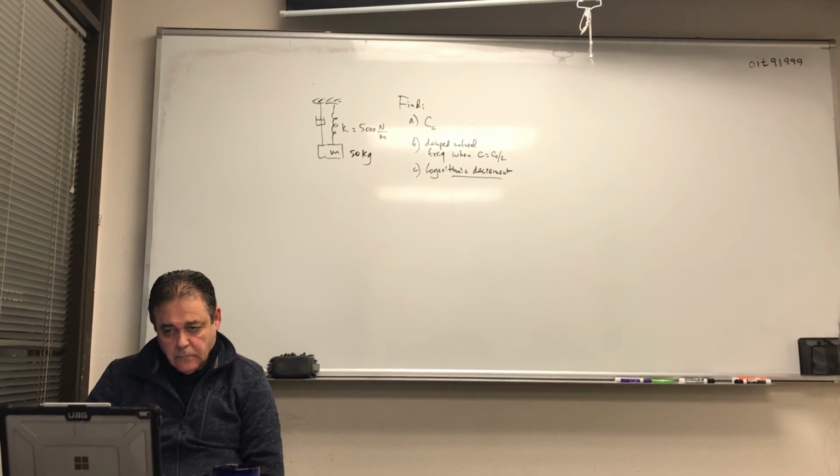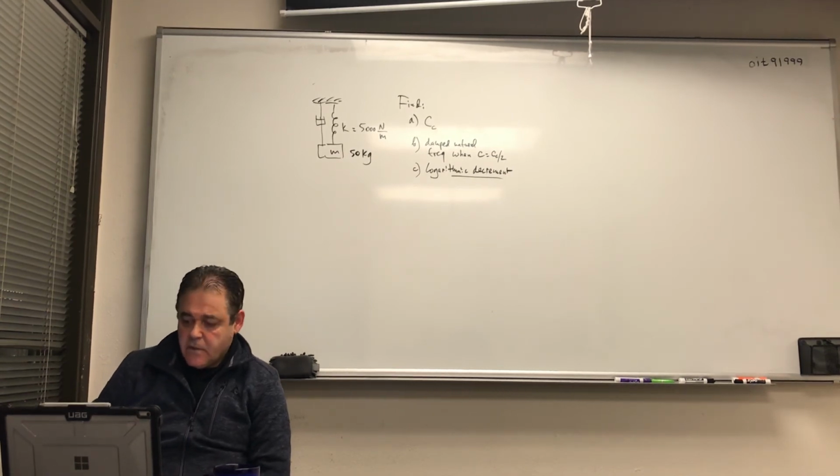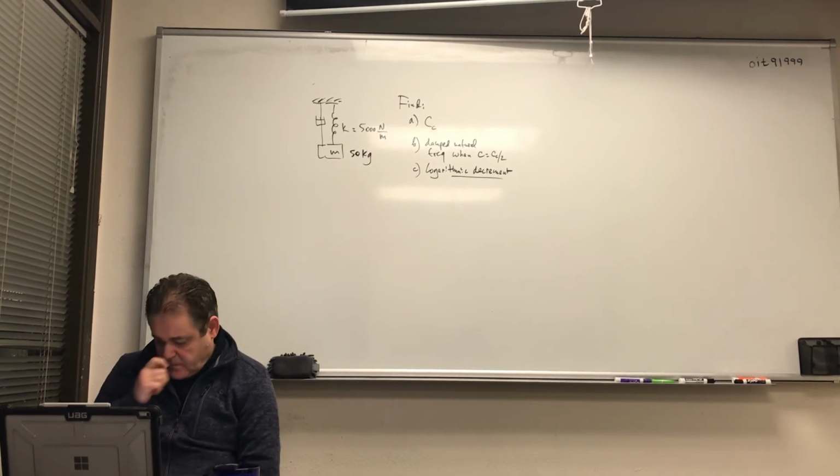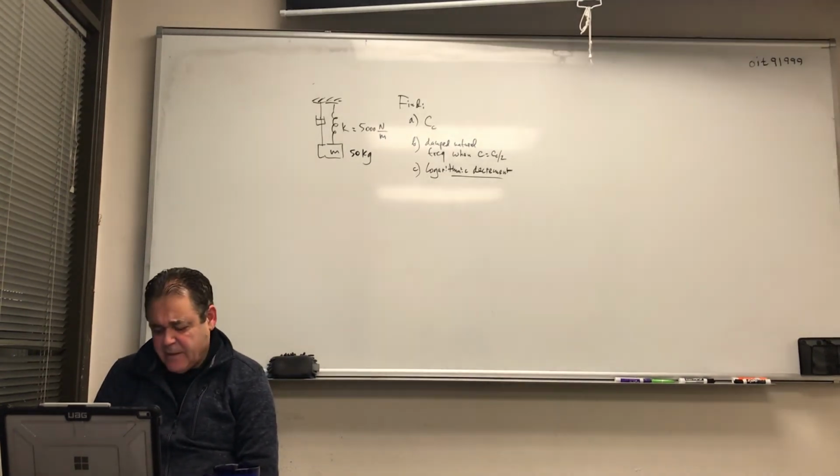There we go: zeta, omega, and tau d. Tau d is the period, the damped period. Working on it. We're ready, Doc. What's the number? A is a thousand. How about delta, the decrement?